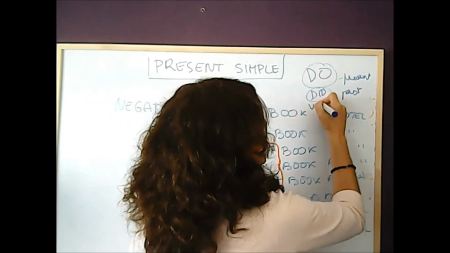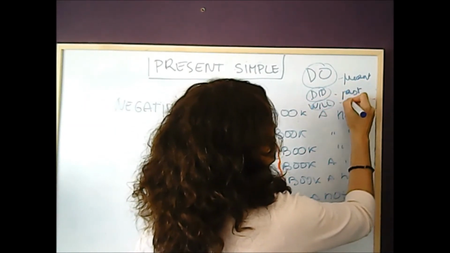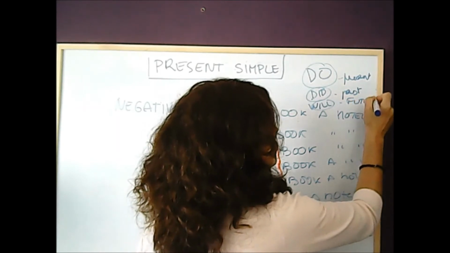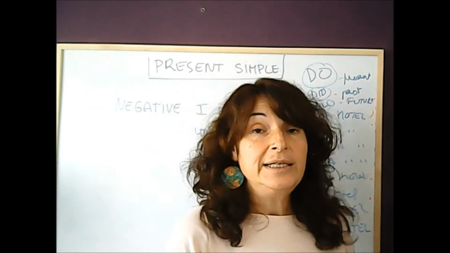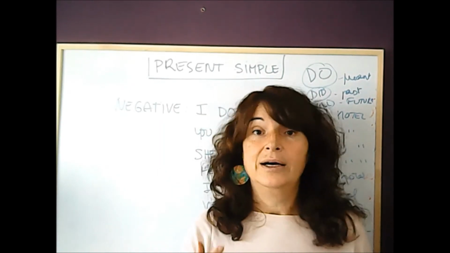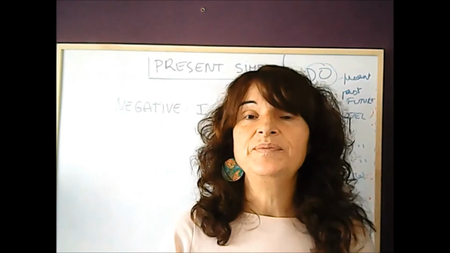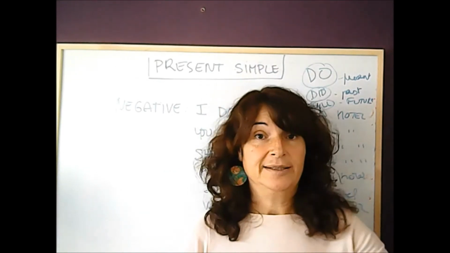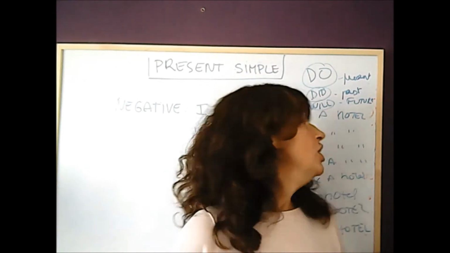When we see will, it's for the future. Estem parlant al futur. So, these auxiliaries are useful, adults, to see which is the tense, el temps que estem parlant.